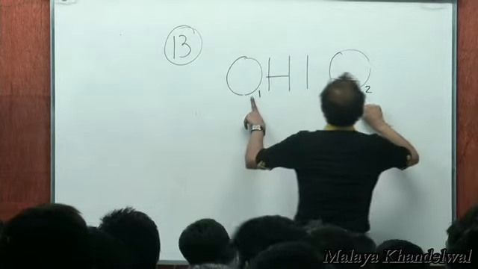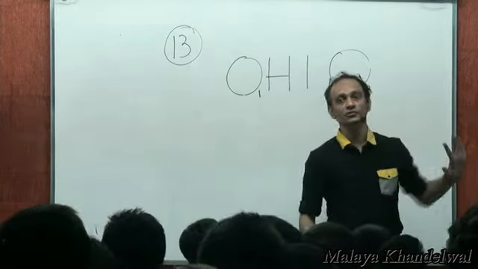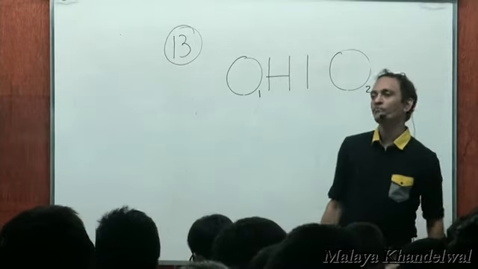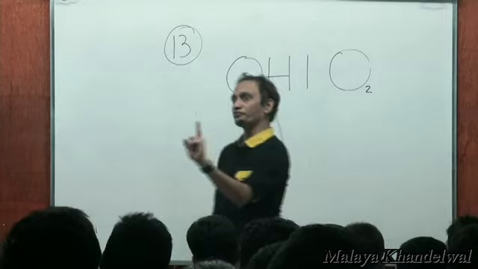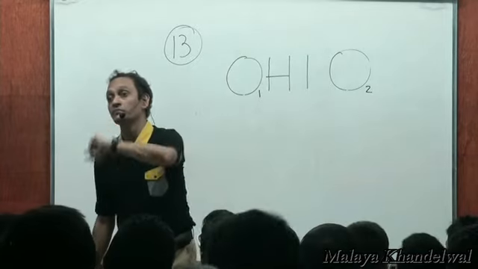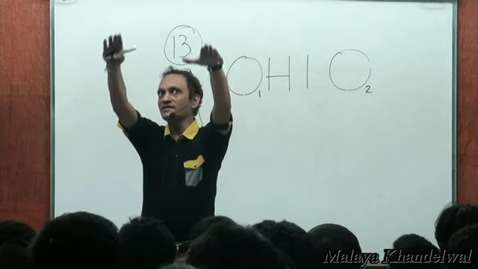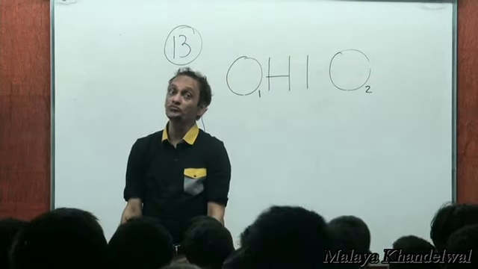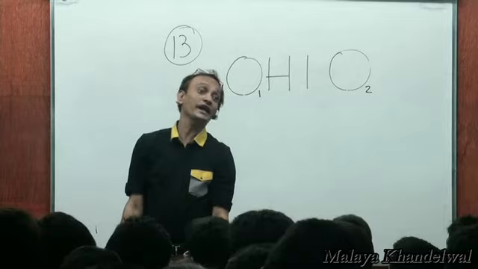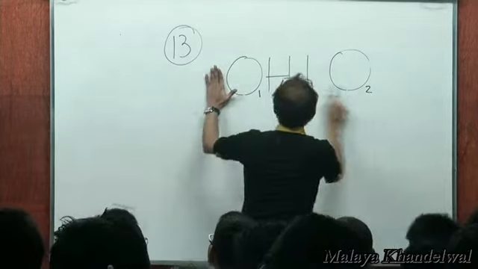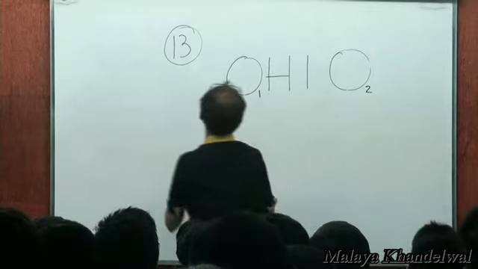So let me imagine the 2 O's to be different, call them O1 and O2, right? Now, if the 2 O's are different, if I chose to call them O1 and O2, then the number of arrangements of the letters that I could create would be how many? 4 factorial. I could have created 4 factorial permutations of these.